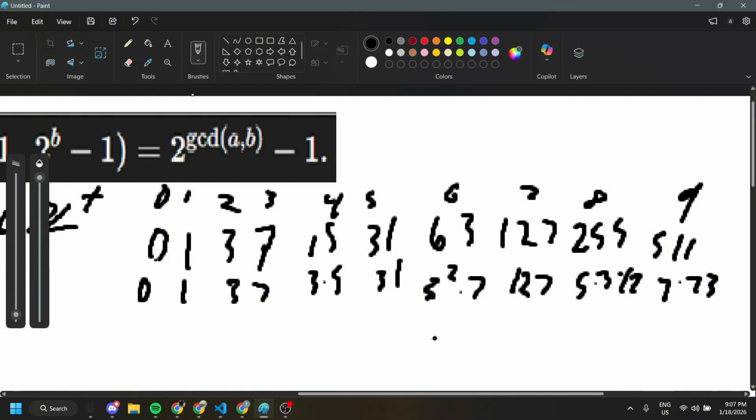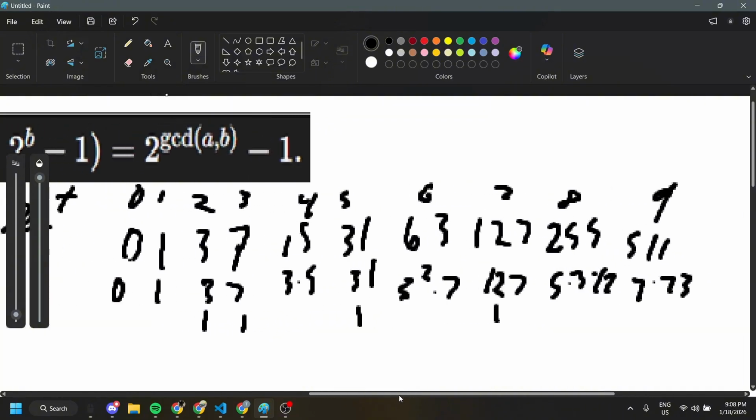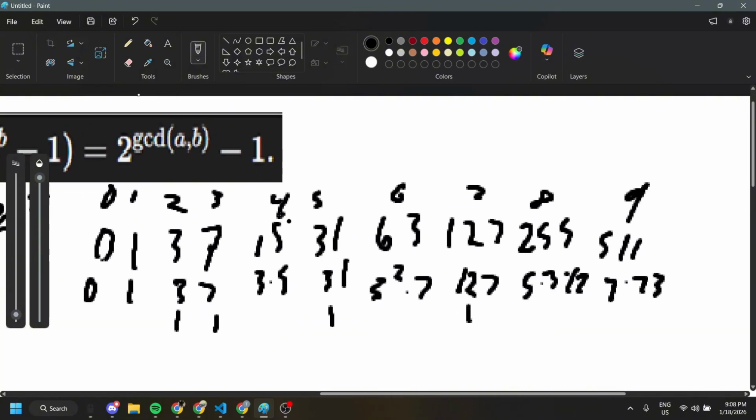Okay, so if we look at the ones that are prime, this one is prime, this one, this one, this one. So 5 and 7 are prime, and 3 and 2. So possibly it could be a pattern, every odd exponent leads to a prime, or no, because this one isn't.